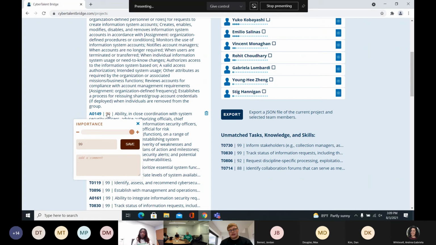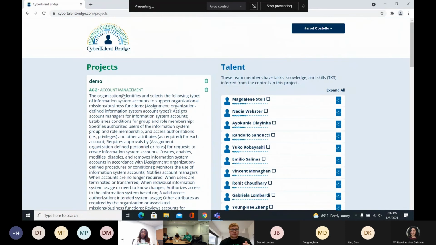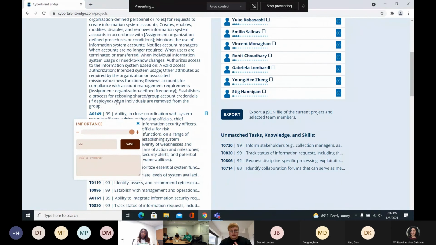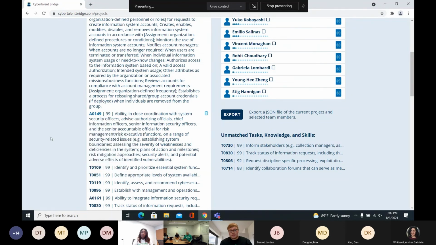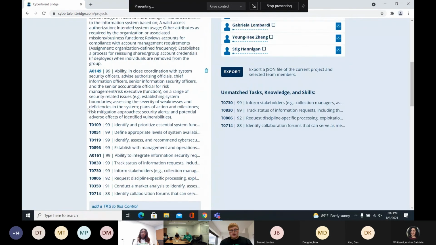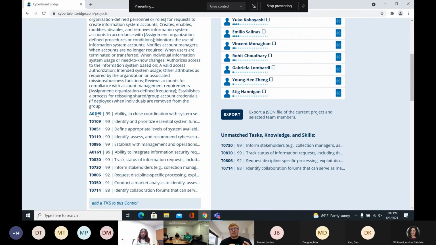The importance kind of tells us how much this might be relied on for a given project that we have. And I can decrease and increase it depending on the project and what I am doing. And so this lets me see what exactly is going on and what exactly I need.